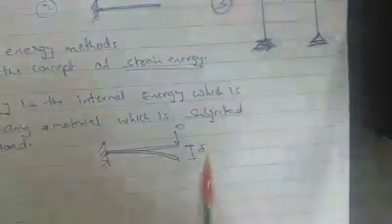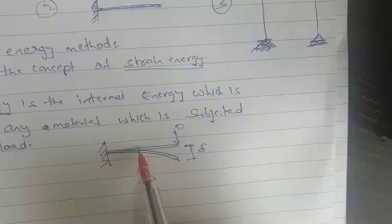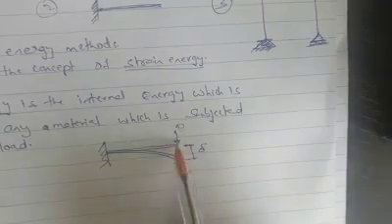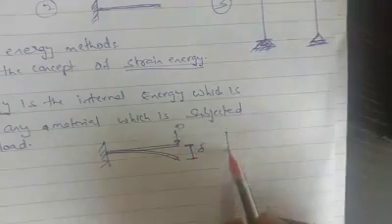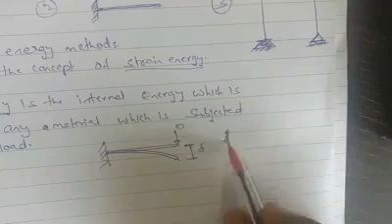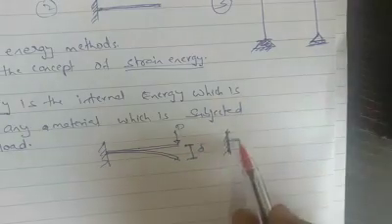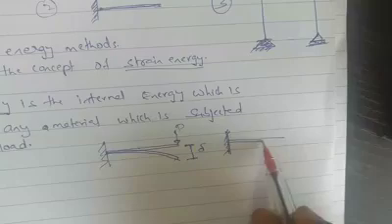For example, if we are having a cantilever with some load, we know it is going to deflect in this form. Once you remove the load, the cantilever is going to regain its original position.